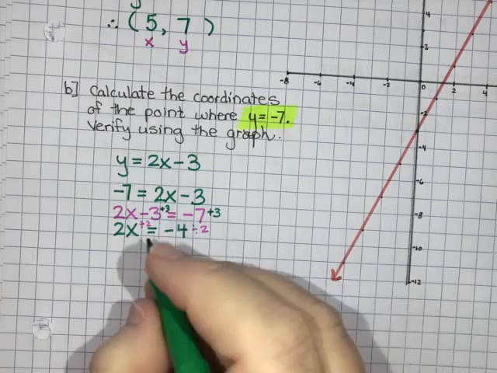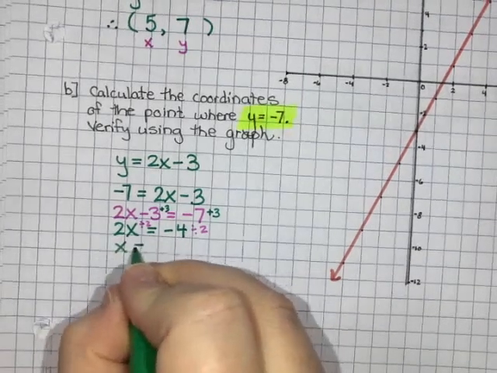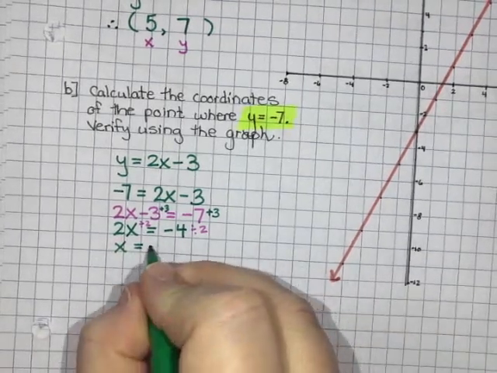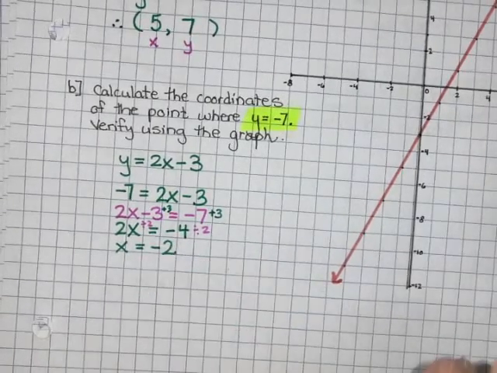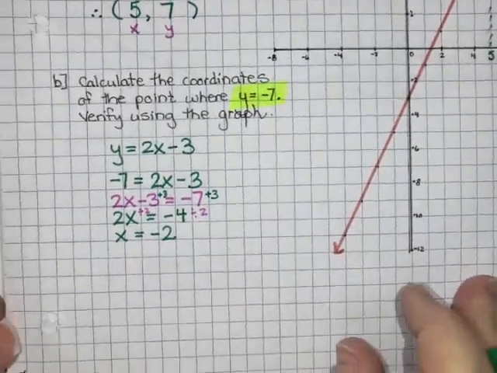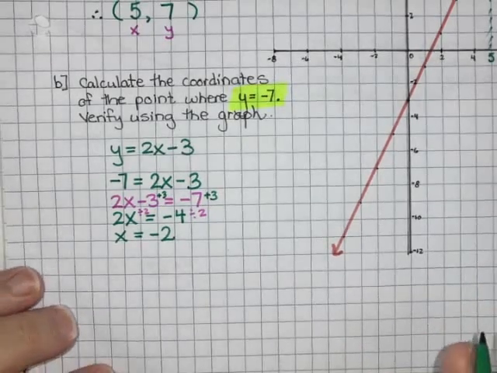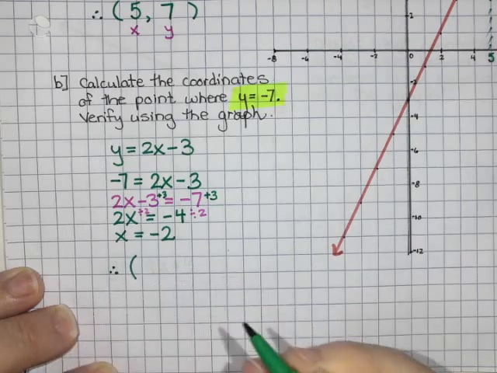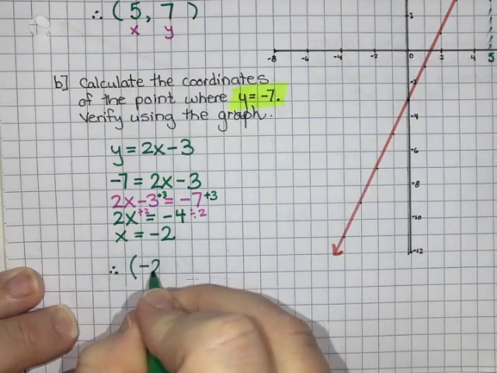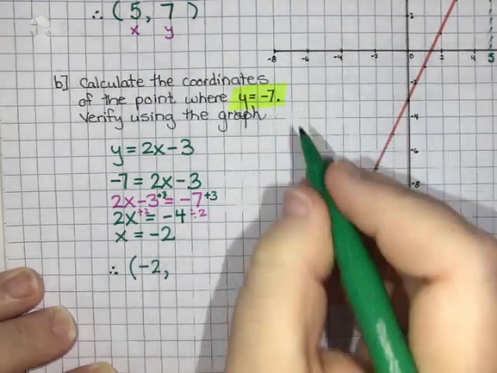And -4 divided by +2: a negative divided by a positive makes a negative, and then 4 divided by 2 is 2. So I got x equals -2. That means the coordinates of the point are x, -2, and y, -7.